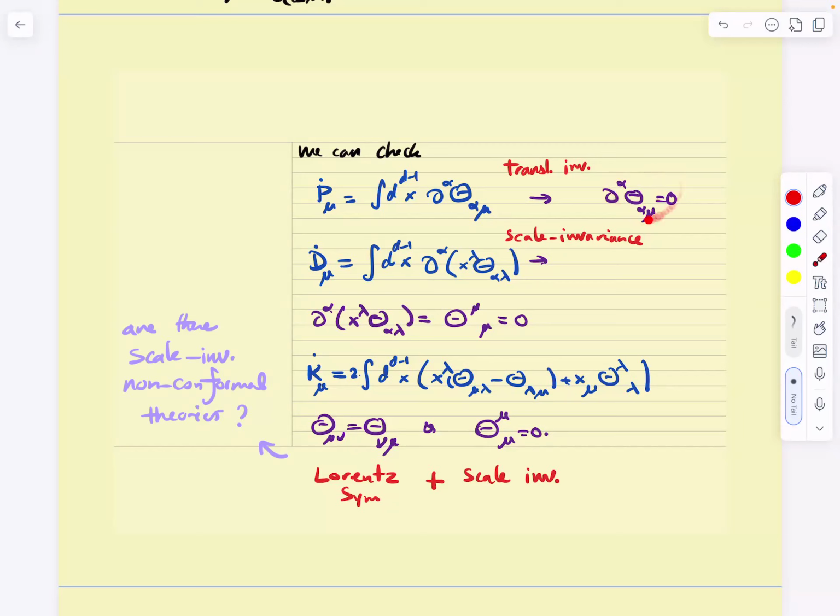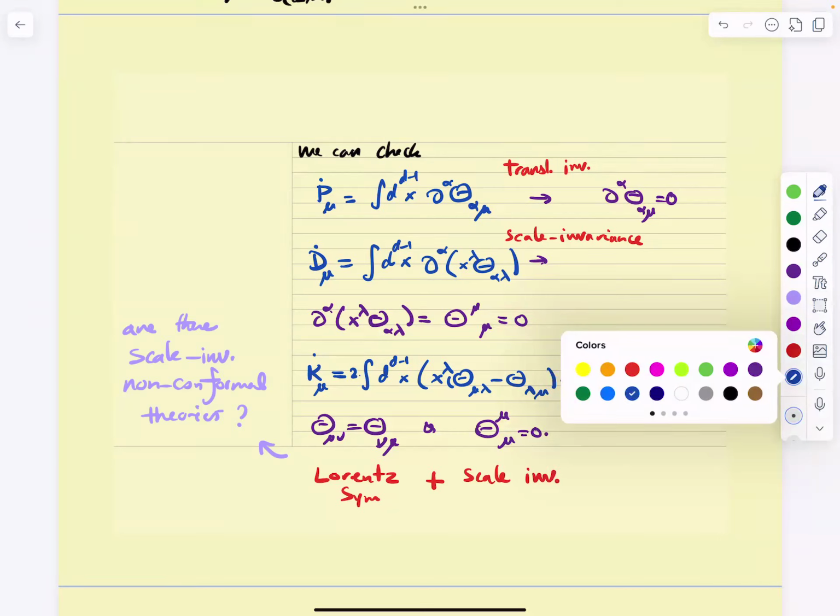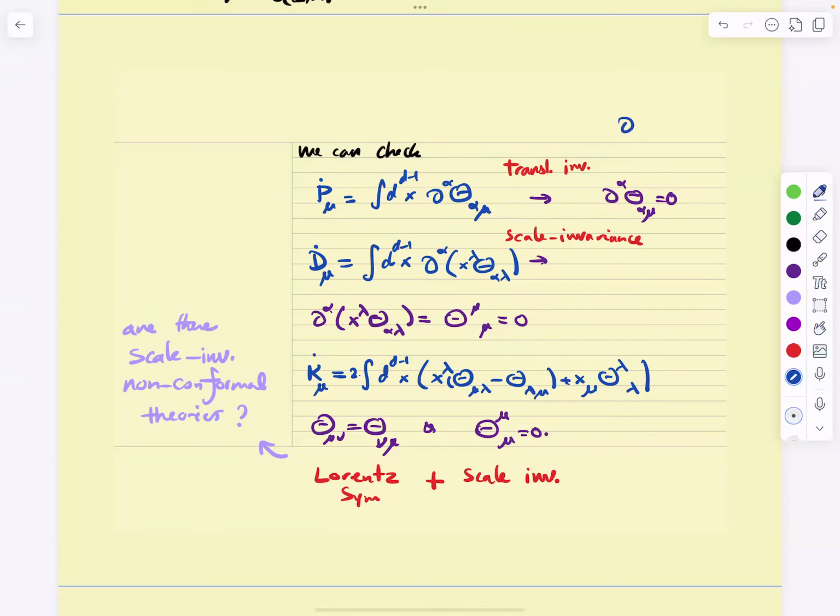So if this is 0, then P mu dot will vanish. Well, it's pretty straightforward to see that. This is a consequence of translation symmetry, right? Let me write it this way. So the stress tensor will satisfy the following relation. This is a consequence of translation symmetry.